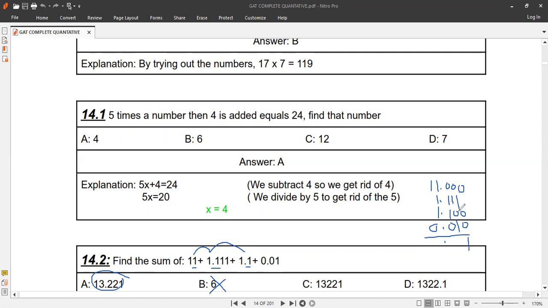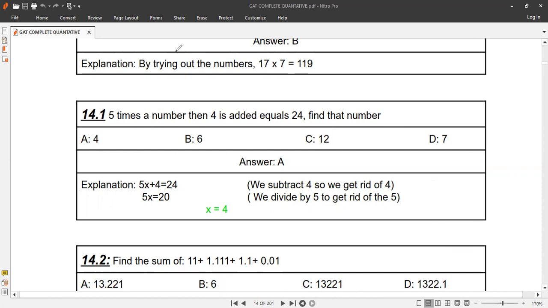Here 0 plus 1 plus 0 plus 1 is 2. Here 1 plus 1 is 2. Here 1 plus 1 plus 1 is 3. And here we have only 1, so 13.221. So in this case, either you do it mentally or you do long addition.